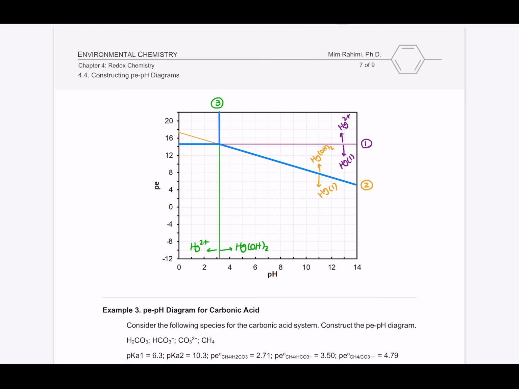So now we did that thermodynamically impossible scenario by trimming the lines, and now we have 3 distinguished regions in this graph. Forget about all the lines, just focus on the blue line. Based on the blue line, this would be region 1, this would be region 2, and this would be region 3.